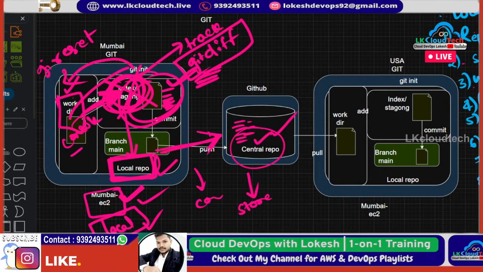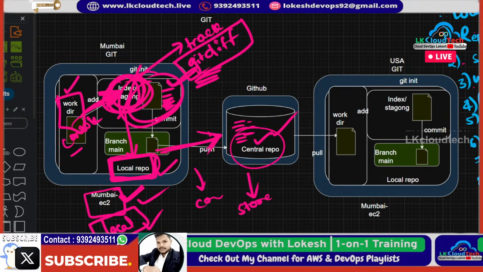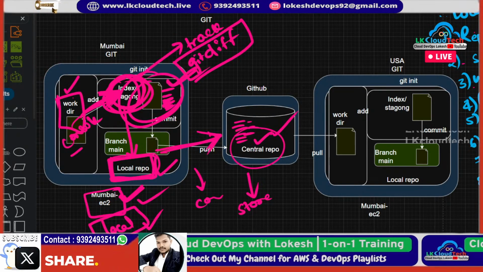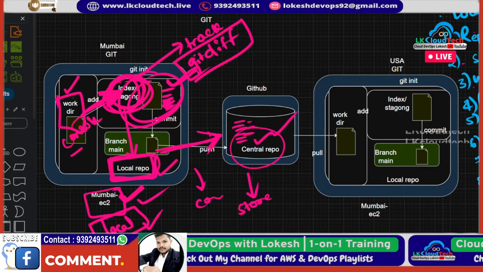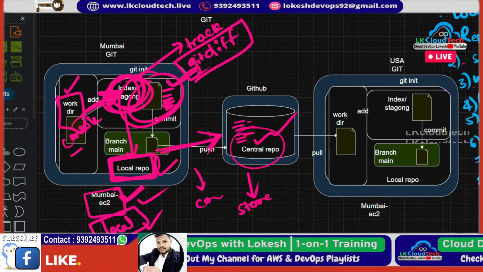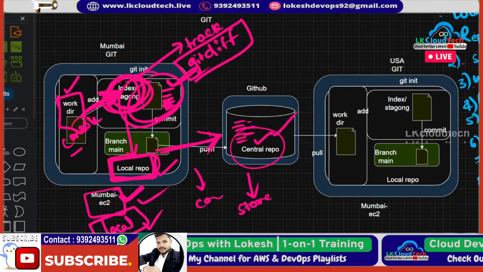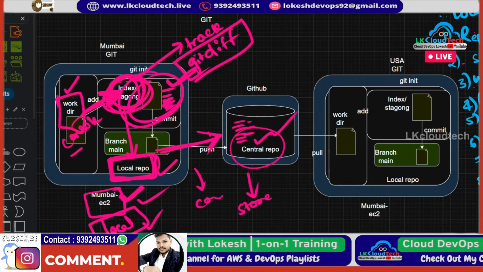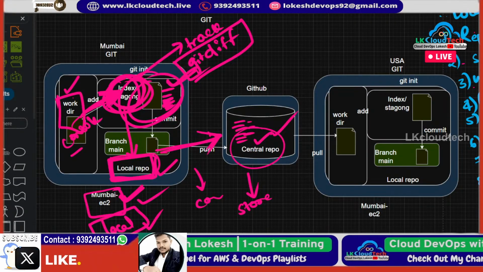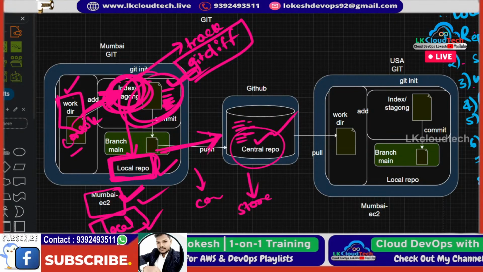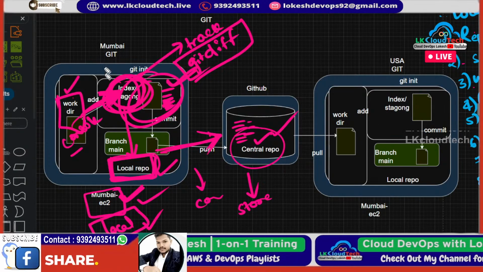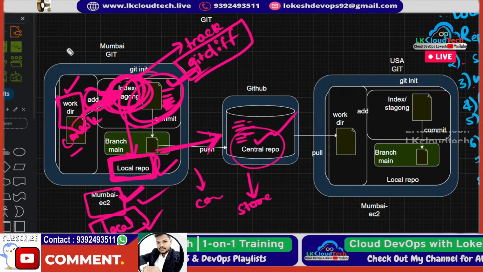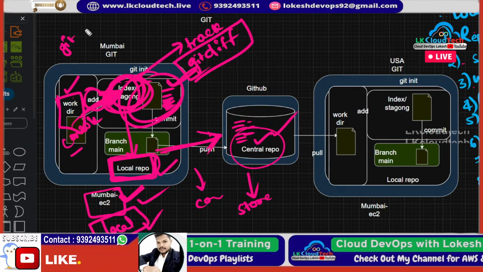Okay, this staging and index area, you won't regularly work on it. But for understanding purposes, theoretical and practical, I'm explaining the small things. You will use the command git add. You will start with git add only.